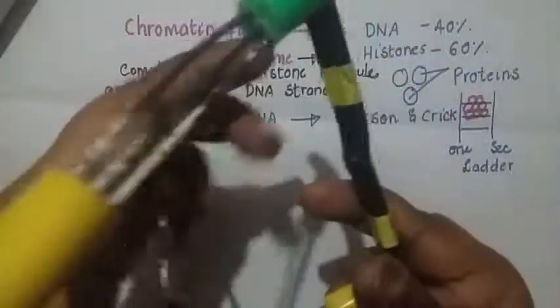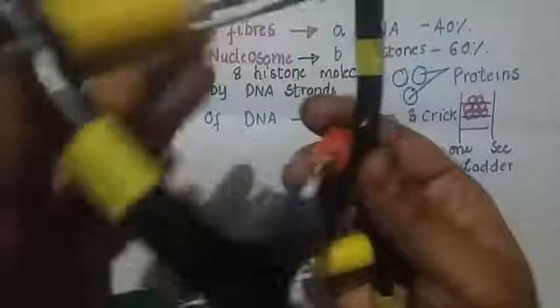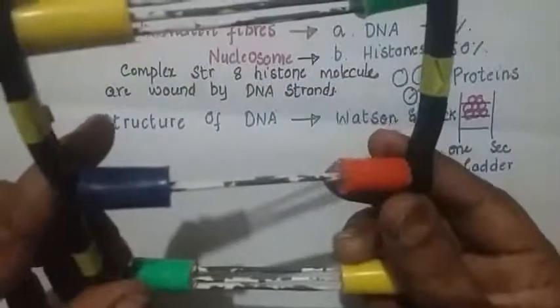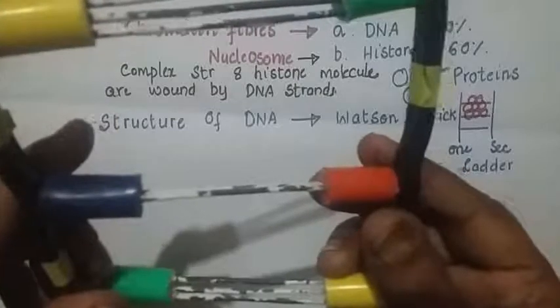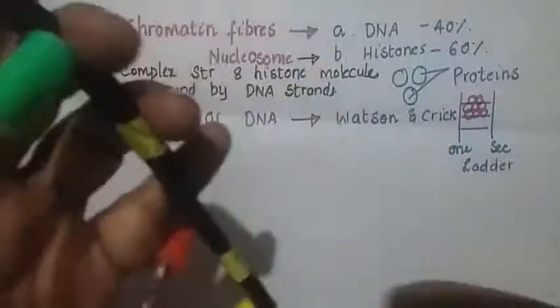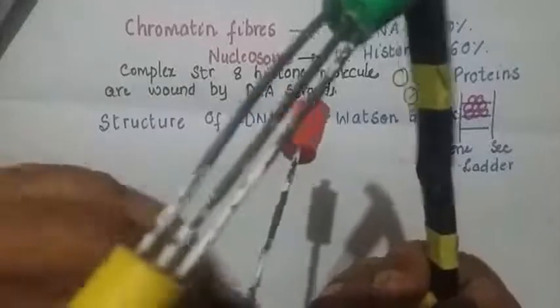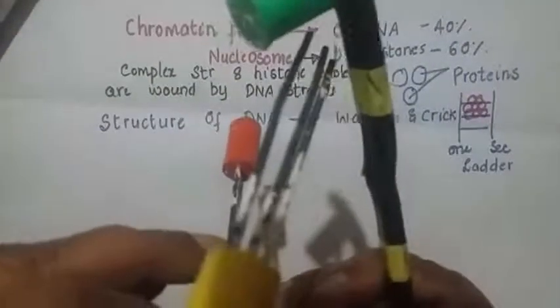When you slightly twist these strands, you have a structure like this, which can be compared to the double helix model of the DNA. Imagine in certain houses you have that spiral staircase, which can be compared to the DNA strand. So when you observe the diagram, it looks as though both the strands are meeting, but they are not meeting. They are totally twisted.